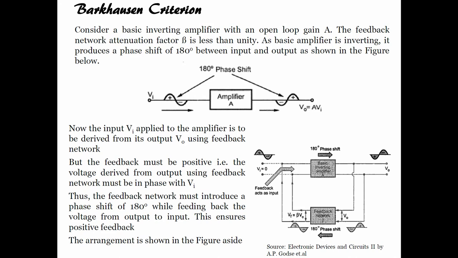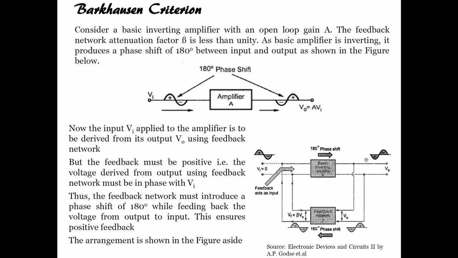You can see that the feedback must be positive; the voltage derived from the output using the feedback network must be in phase with Vi. Thus, if I use an inverting amplifier, as you can see here, the signal here and the signal here have a 180 degree phase shift compared to the input signal.